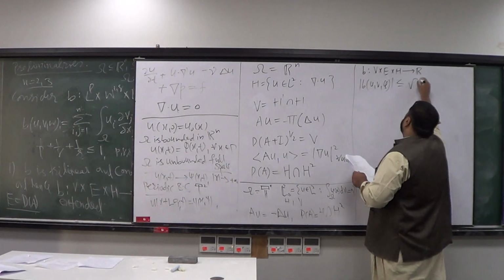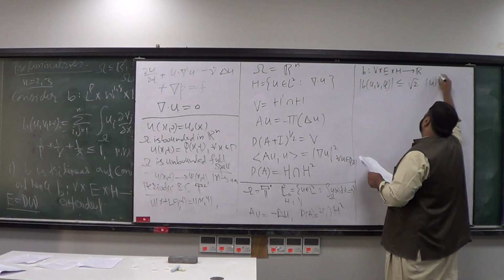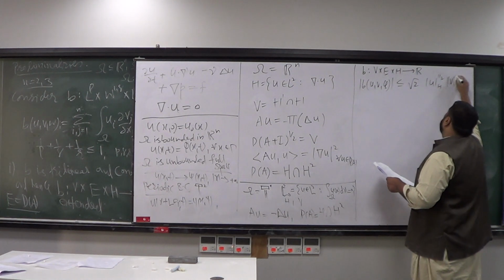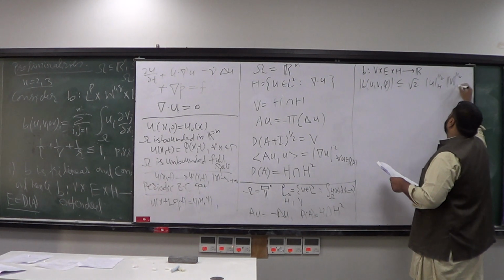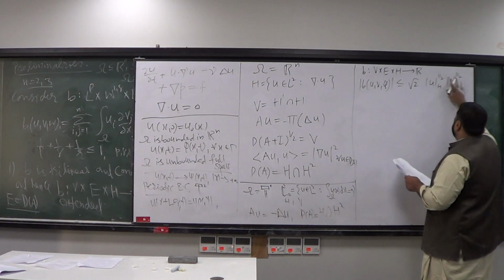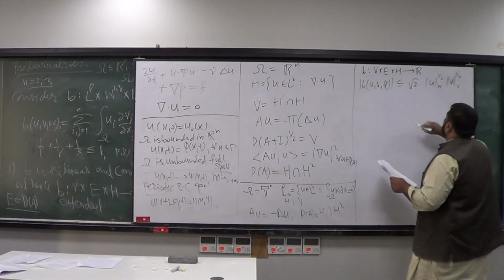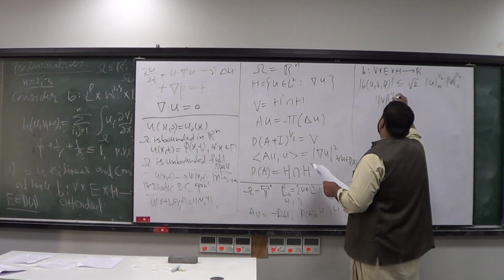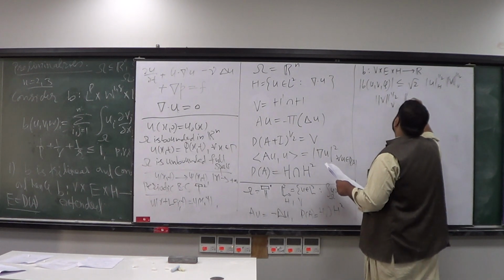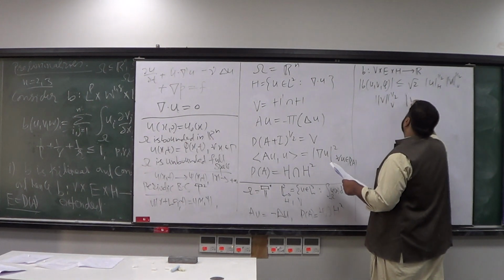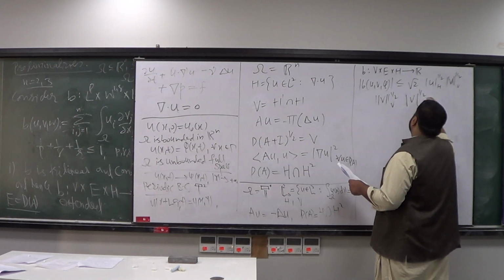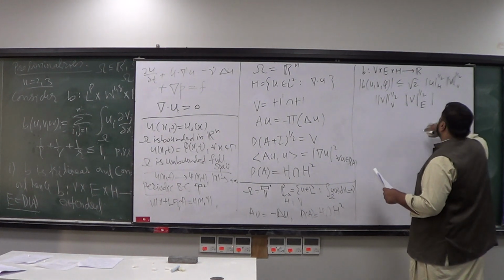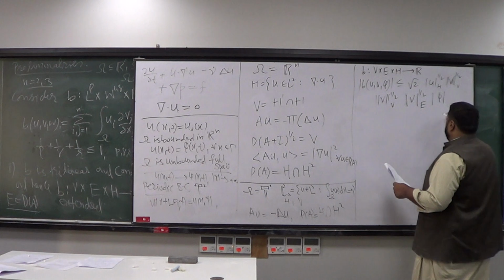What is this? Square root of U 1/2 H norm and V 1/2 V norm, U 1/2 V norm and V 1/2 E norm, okay, and H norm of the phi.